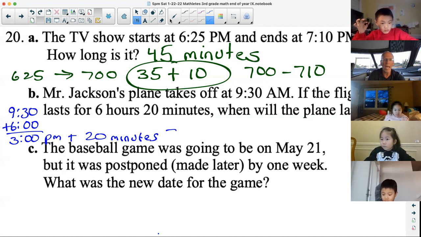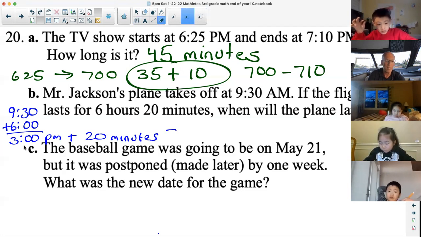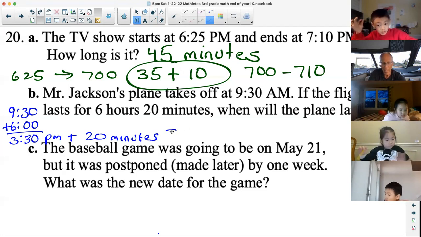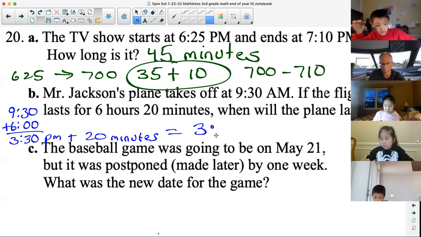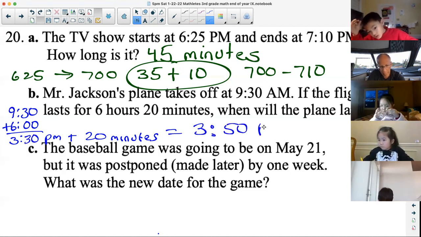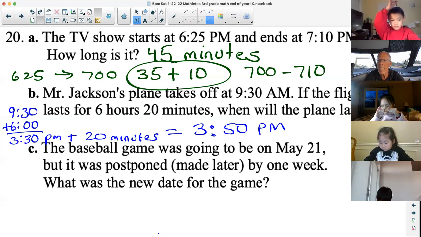I meant to say 3:30. And then adding 20 minutes gives us 3:50 p.m. Does that make sense to everybody?